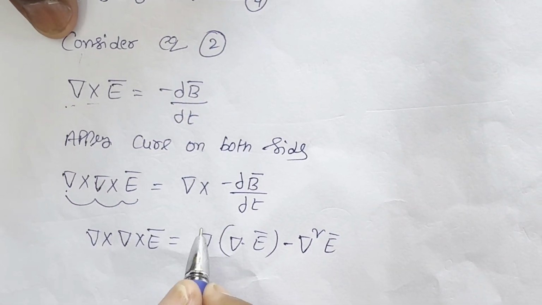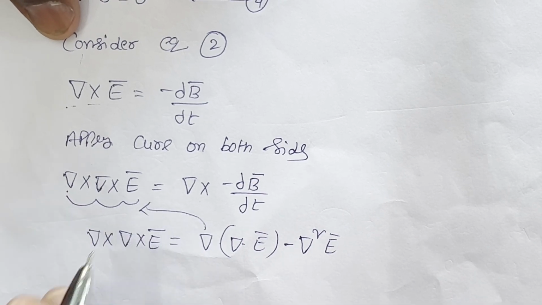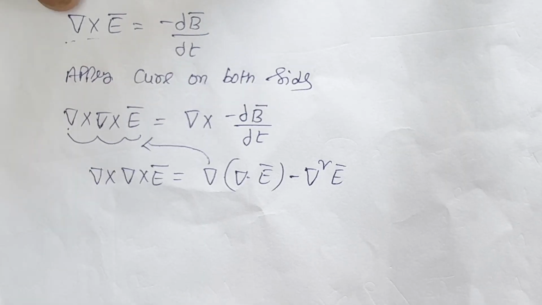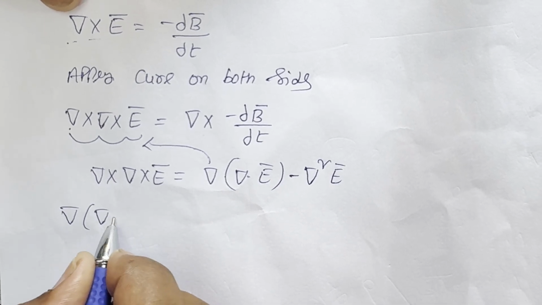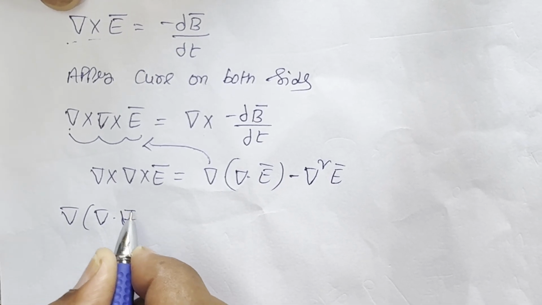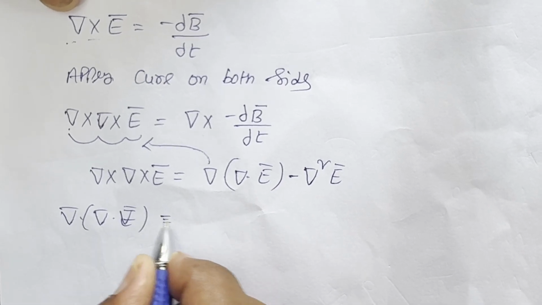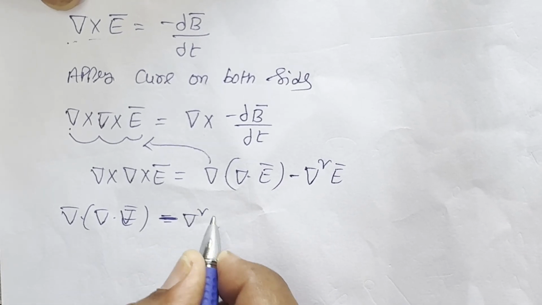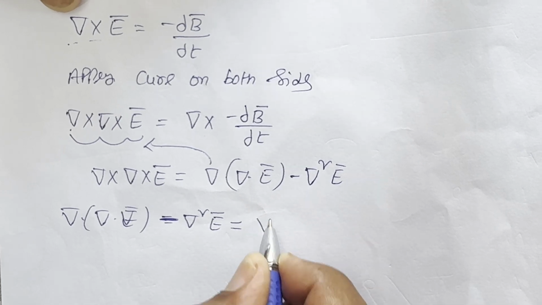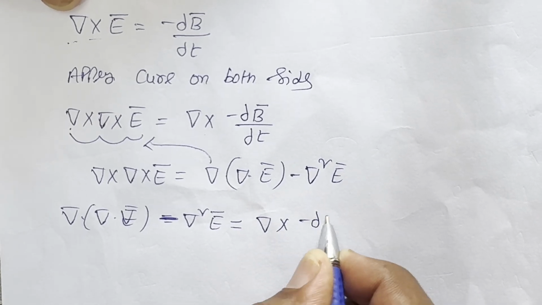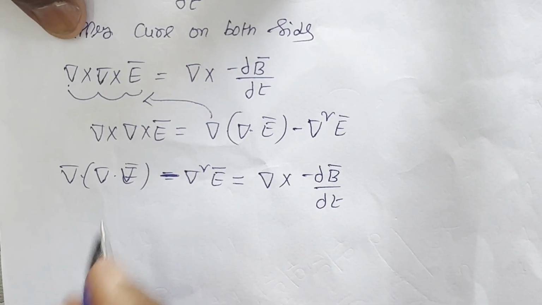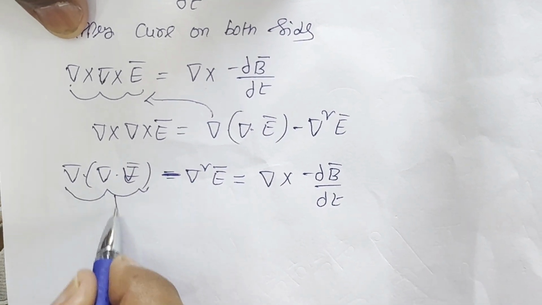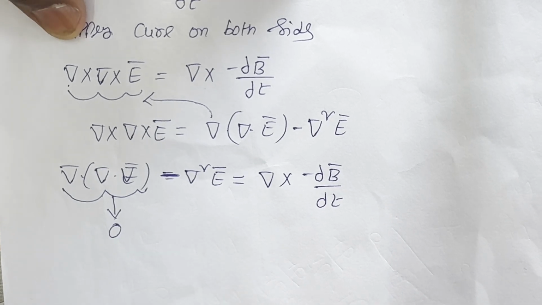Now I am substituting this value in this equation. So by substituting that, del dot E bar minus del square E bar equal to del cross minus dou B bar by dou t. And again, according to the vector identity, del dot E bar is 0.